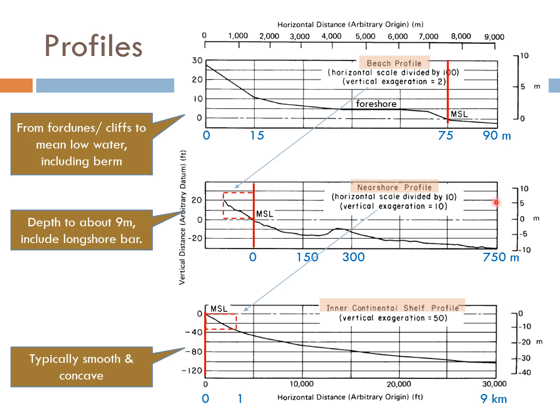The nearshore profile just now is basically this part here at less than 10 meters deep. So when we zoom out, we may not be seeing the longshore bar in the continental shelf profile.